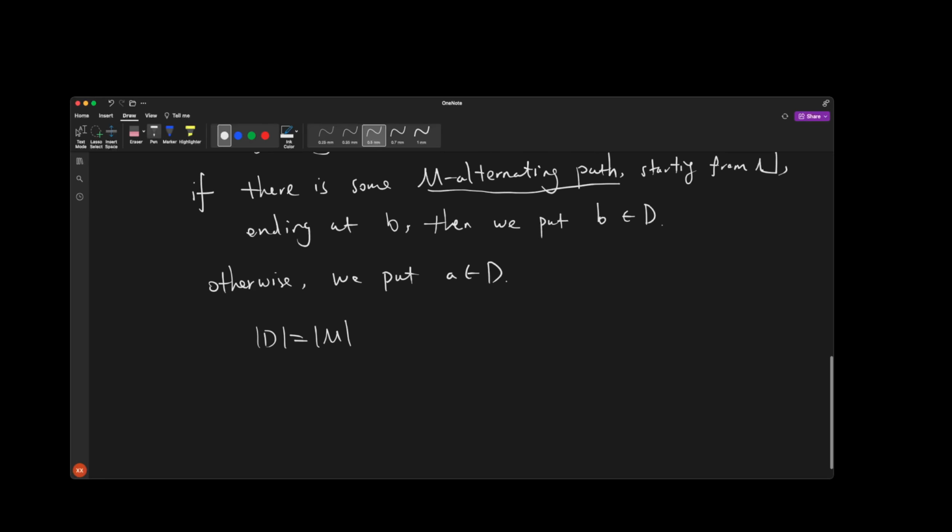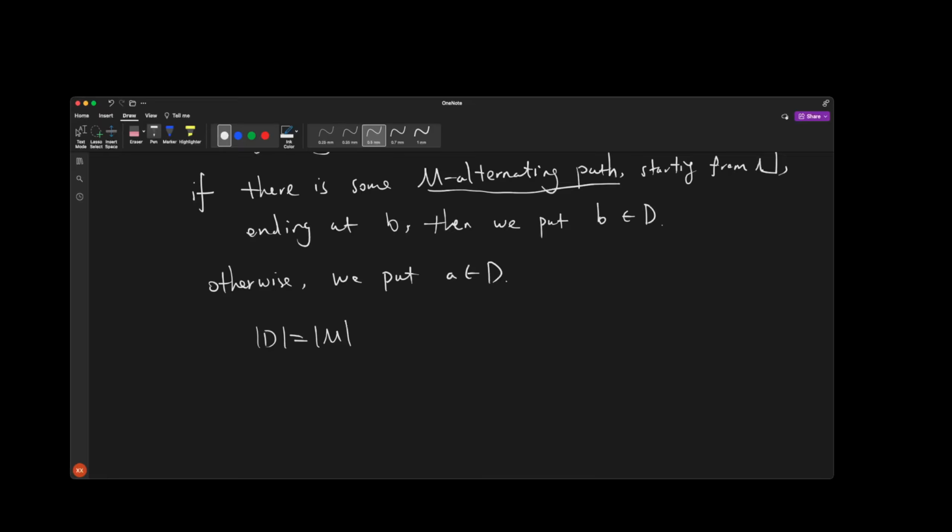And then we want to prove that D is actually a covering set. It covers all the edges. This is very interesting, because the proof is that if it does not, you can somehow find an augmenting path, which will increase your matching and contradict that this matching is maximum.